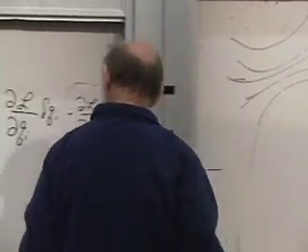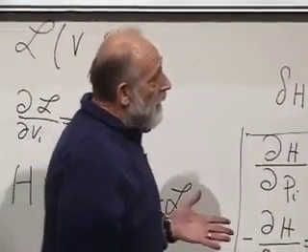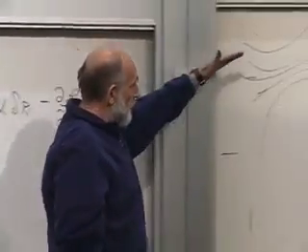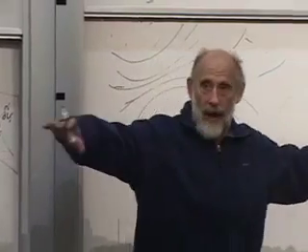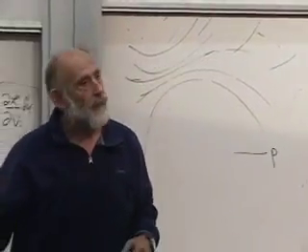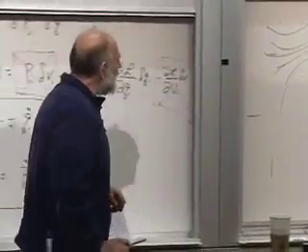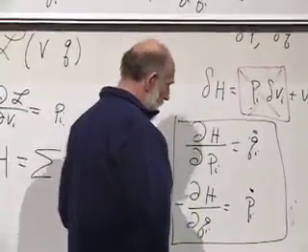That's, in fact, what Hamilton's equations say. When the contours are close together, think about a contour map. What does it mean on a contour map that the contours are very close? Steep, right? It means the altitude is changing very fast.